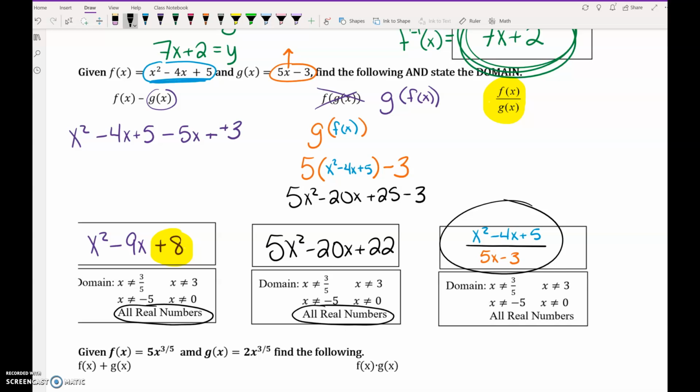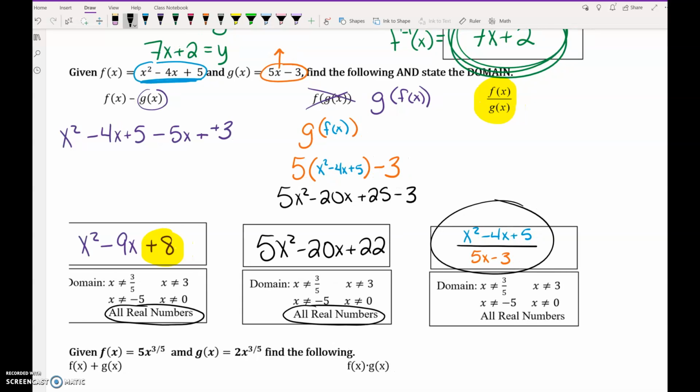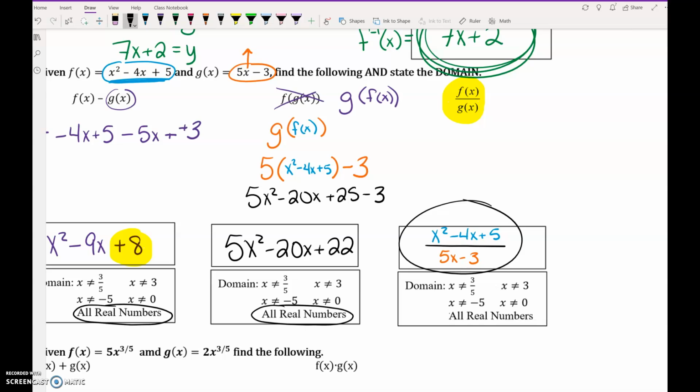It's the easiest problem on the test. You don't have to do anything. Just put the f function on the top, put the g function on the bottom. But the domain is not going to be all real numbers. Think about when the bottom would equal 0. So put 5x minus 3 equals 0.